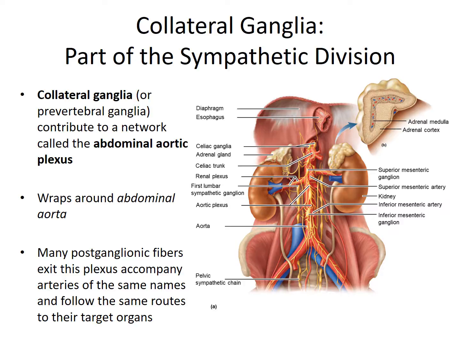The collateral ganglia, or prevertebral ganglia, contribute to a network of postganglionic neurons called the abdominal aortic plexus.